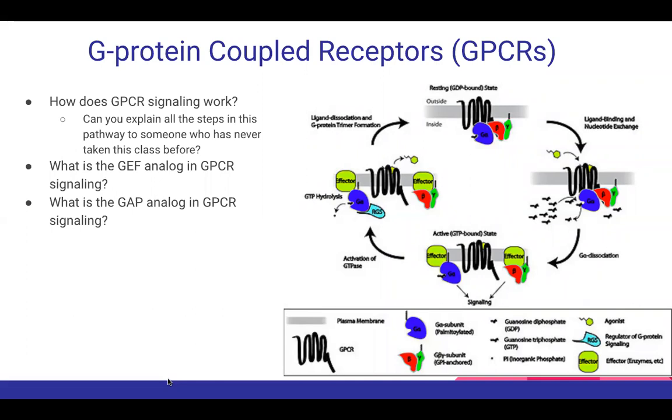So GPCRs are made of a 7 transmembrane receptor that's bound to a G protein, and that G protein is made of 3 subunits, the G alpha, beta, and gamma. It's called a 7 transmembrane receptor because it goes through the membrane 7 times, so that's why it's kind of a squiggly receptor.